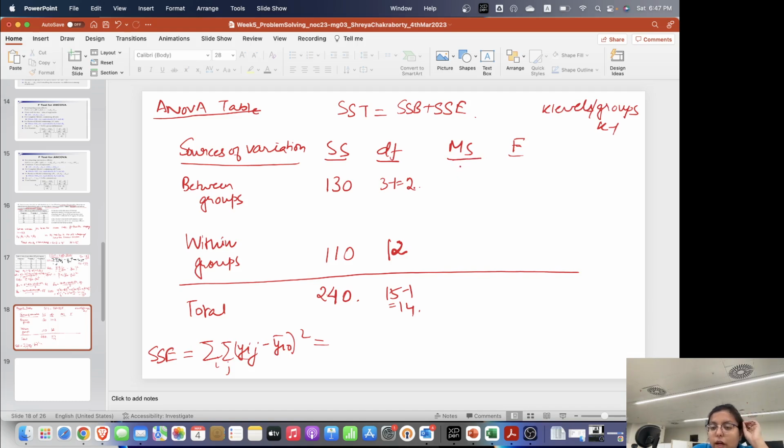For mean square, we are going to divide this by the degrees of freedom. So here we have 65, here we will have 12. How much will this come out to? This will be 9.167.